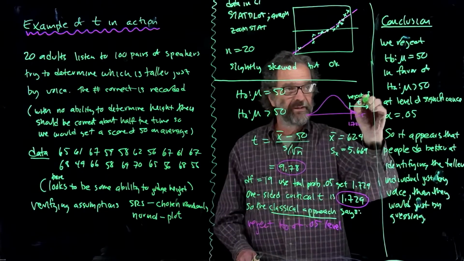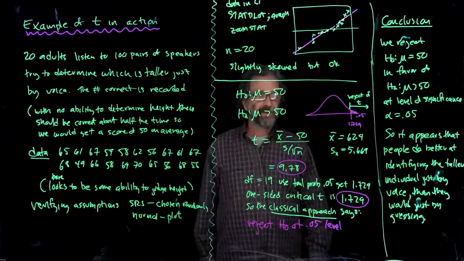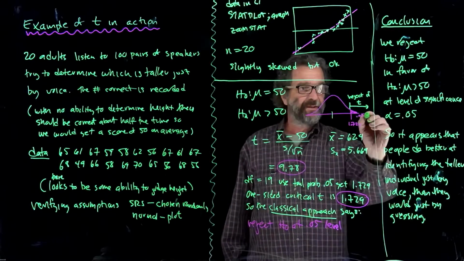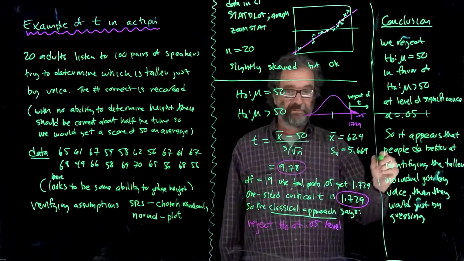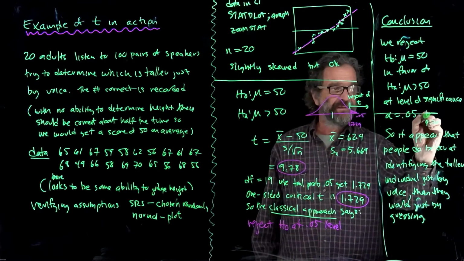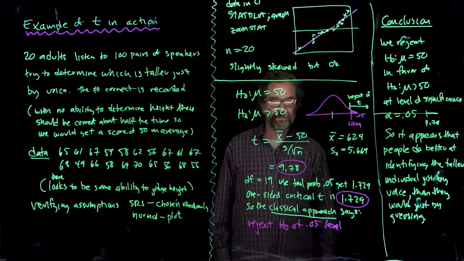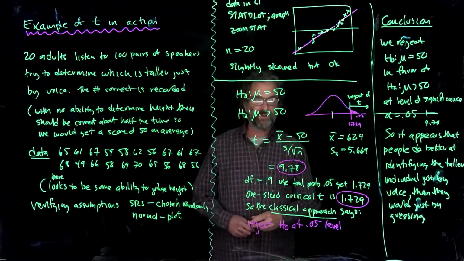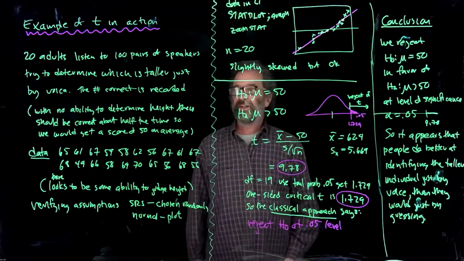Reject if t is in there. But 9.78 is way out here somewhere. And so when we compute the p-value, we're going to find the area of this right tail. It's going to be basically 0. We won't find it in the tables. We'd have to use a calculator to do it. But we'll see how that goes on the next slide.